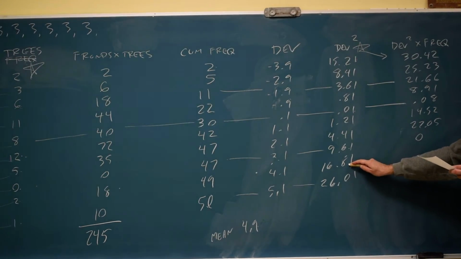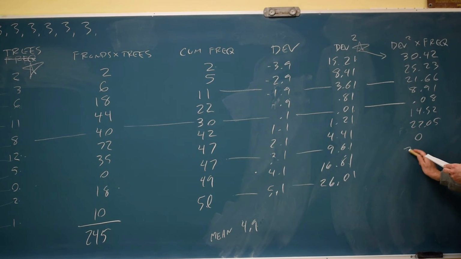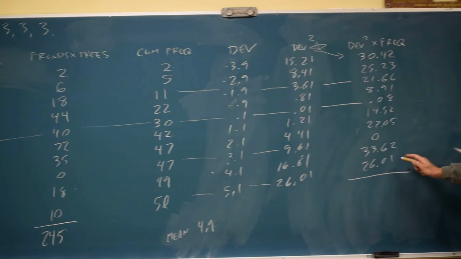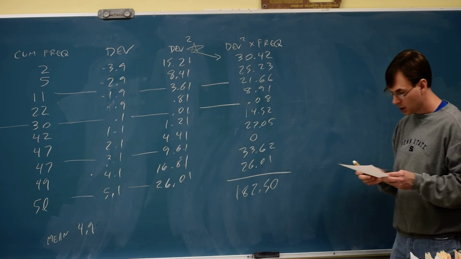We have 2 times this, it's 33.62, 1 of that last one. These are what we need to add up, and that gets 182.50.